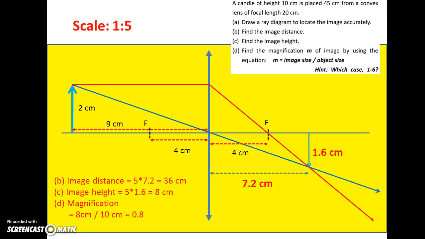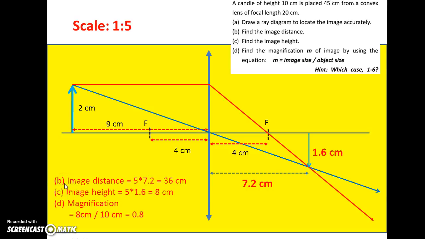What about the last three questions? You have to draw ray diagrams, and you must draw them very accurately. Using a scale of 1 to 5, you may use the following values to draw the ray diagram accurately. And then the image height is found to be 1.6 cm, and the image distance 7.2 cm.